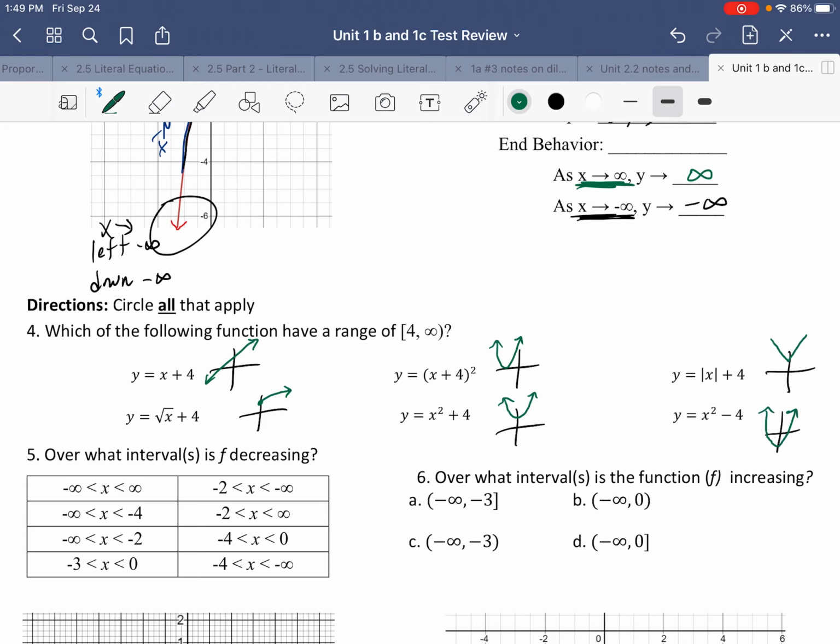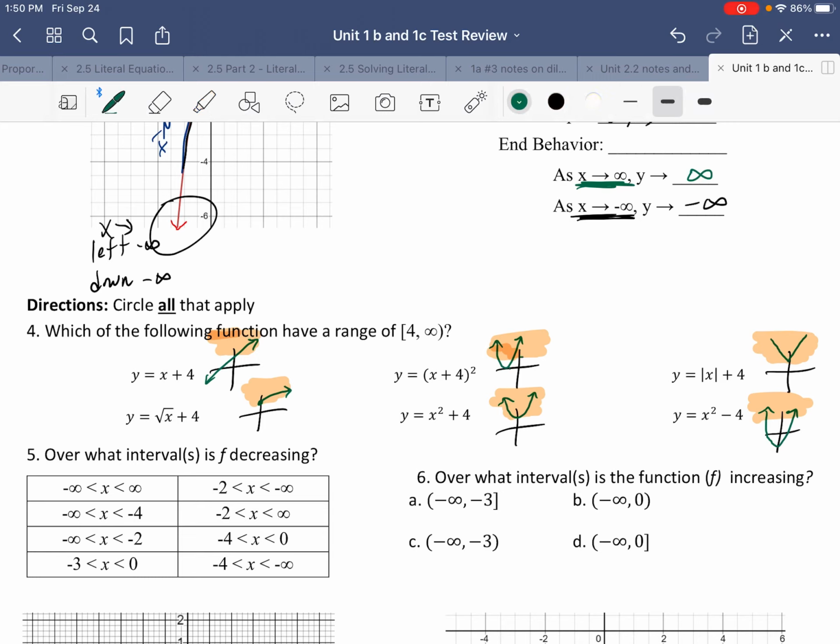A range of 4 to infinity would tell me that everything has to be at 4 and up. So the whole part of the graph has to be above the x-axis and higher.